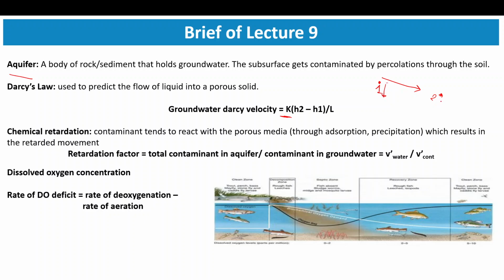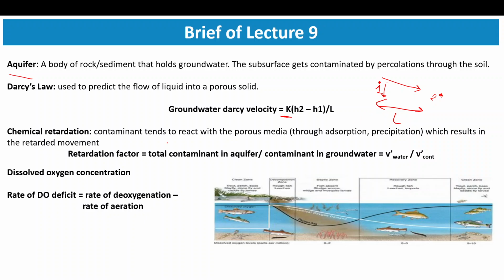So that gradient is nothing but hydraulic gradient. Depending on that difference in the height, it will travel, and that is nothing but H2 minus H1 per unit distance. Okay, so that is Darcy velocity.